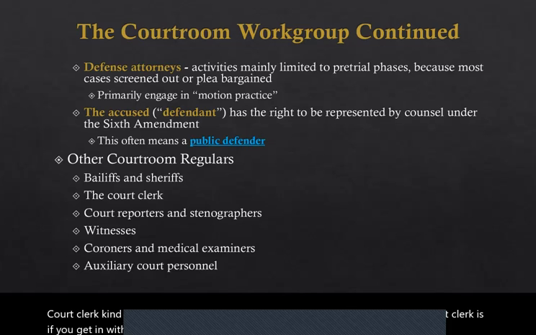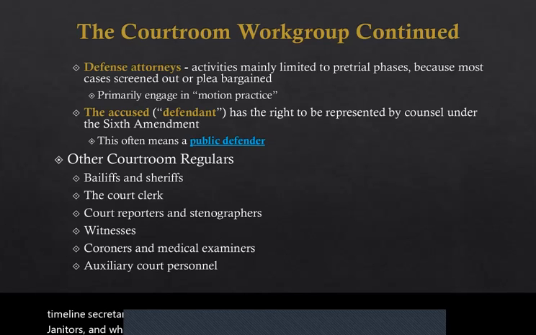Because they'll call your case first, so you don't have to sit there all day. Court reporters are stenographers, right? So people sitting up front. You have witnesses, coroners, the medical examiners, and auxiliary court personnel, which are like secretaries and janitors and whatever you want to talk about.